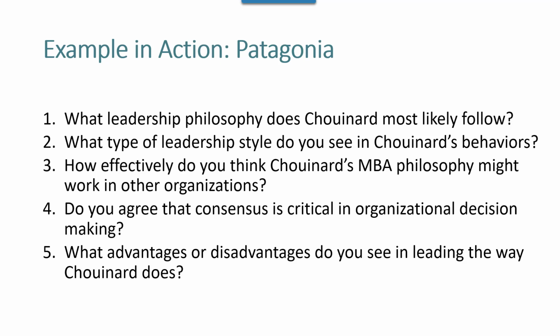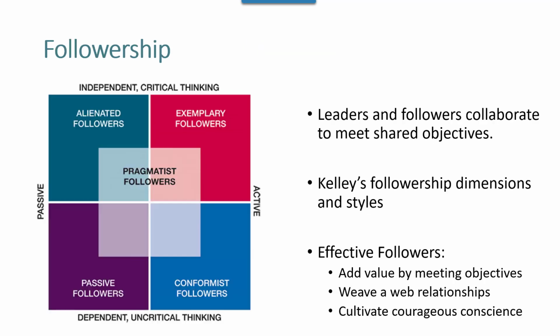Do you agree that consensus is critical in organizational decision making? What advantages or disadvantages do you see in leading the way Chouinard does? These are questions we're going to start class with. We're going to work through them together in small groups, so be prepared to answer these questions.